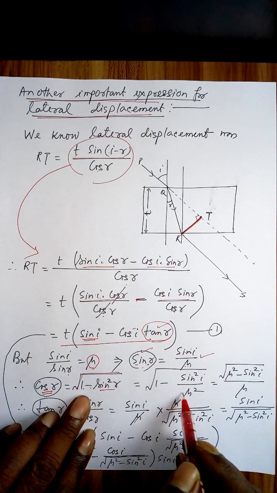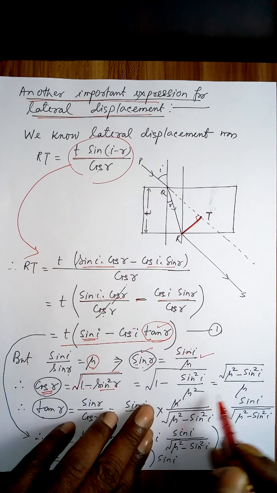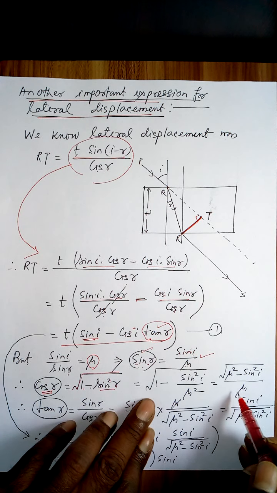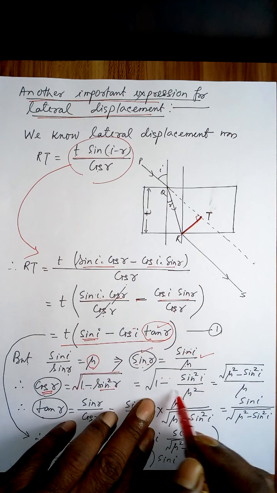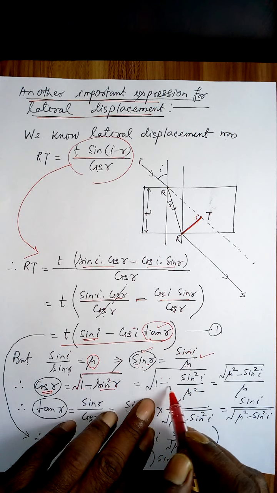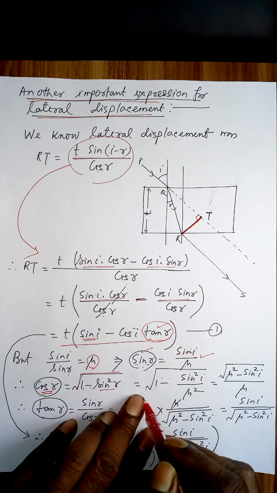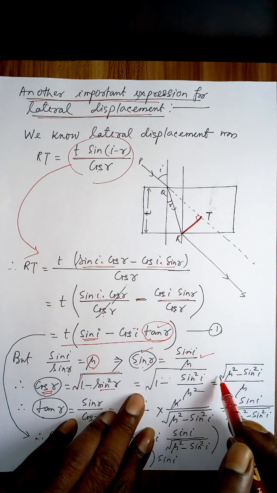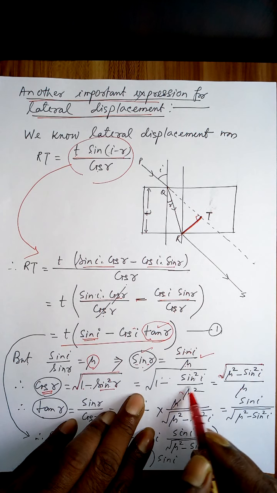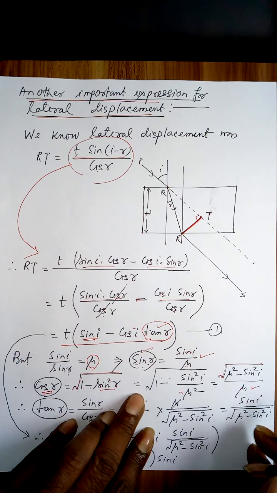So for this I substitute this. I take LCM. Mu square comes here. Mu square minus sine square I divided by mu square. There is a square root. The square root of the numerator is this. Square root of the denominator becomes mu.